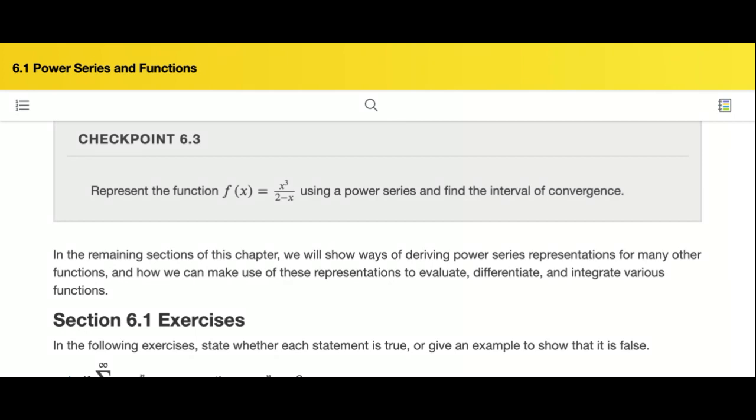Okay. Negative 2 to 2. Radius of convergence equals 2. Okay. So how do we write it in a power series? We want to represent it with a power series. What's A? What's R?